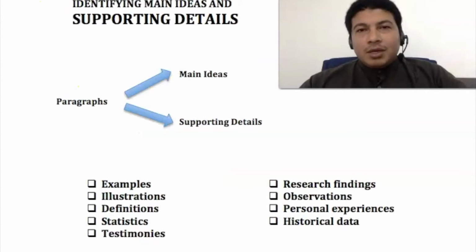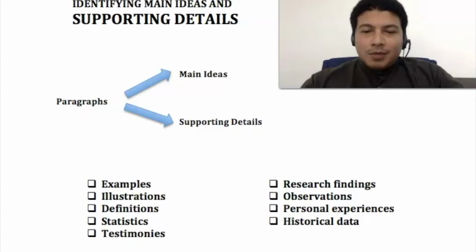There are different types of supporting details, and supporting details are included in writing, in a paragraph, for the purpose of supporting the main idea. So when we write, we don't just simply put the main idea as the main point, but we support our main point with supporting details.